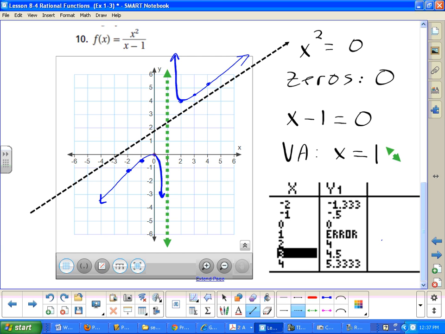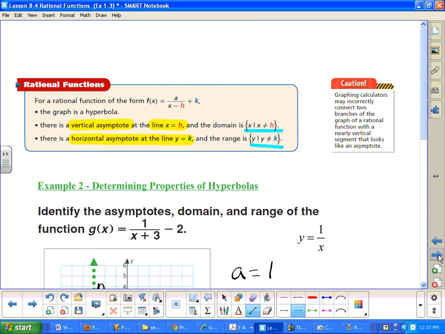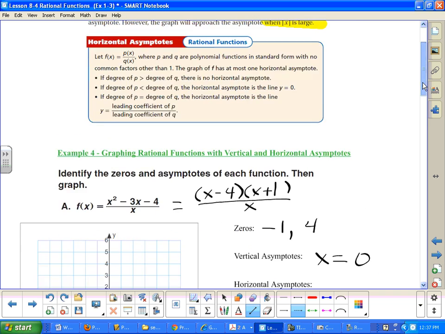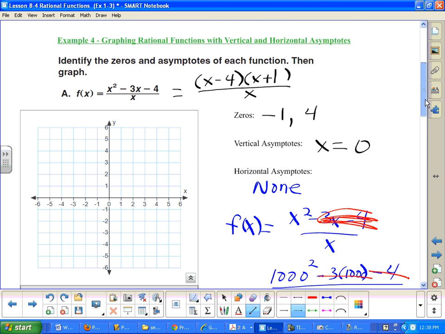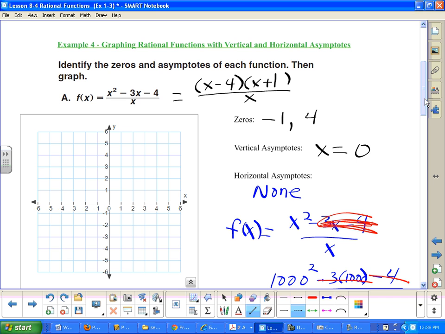No. So there is no horizontal asymptote in that case, and it's because if I really think about large values of x, if I simplify this according to the degree, it simplifies to x, which is not a horizontal line. It's not y equals a constant. It's y equals x, which is a diagonal line. It might make more sense when we do the other ones. But since the degree of the numerator is larger than the degree of the denominator, there is no horizontal asymptote.